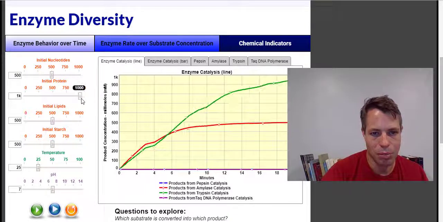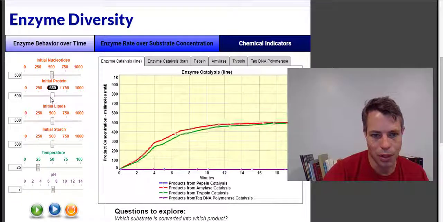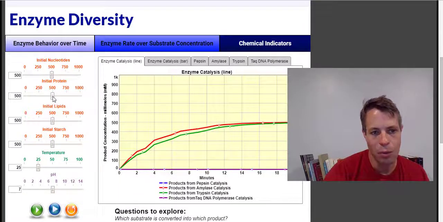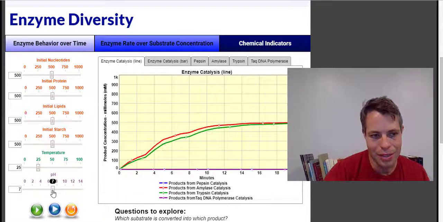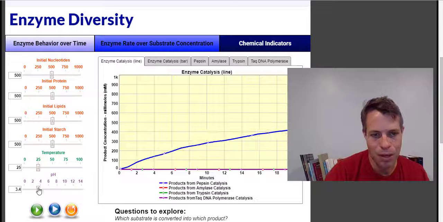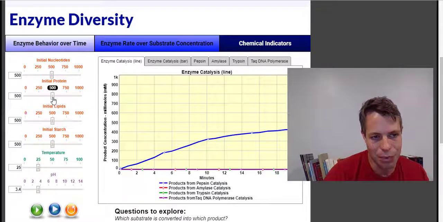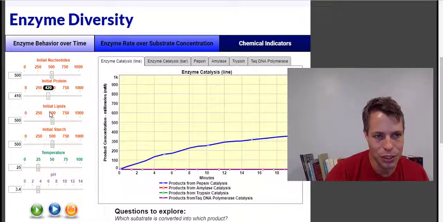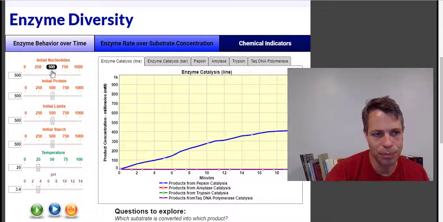So I manipulate protein, which I thought it was, and it is, but it's not changing. Well, one reason is it works at a pH of 3. Here I get to see that when the pH is at 3, the protein does change. How about some of the others?